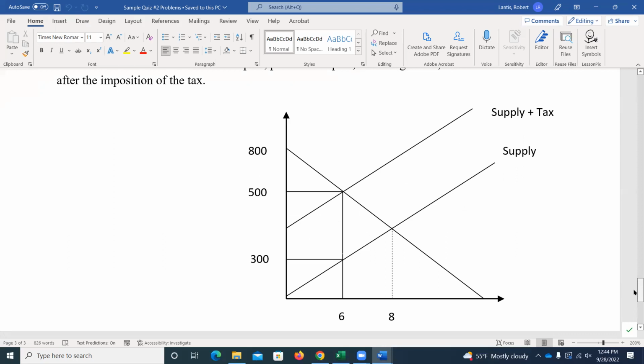How much is every unit taxed? We already said $200. So 6 times 200. All right. Now, visually, that was this kind of rectangle, right? That was right here. But if I just think about what tax revenue is, it's the value of the tax times however many units were sold after the tax.